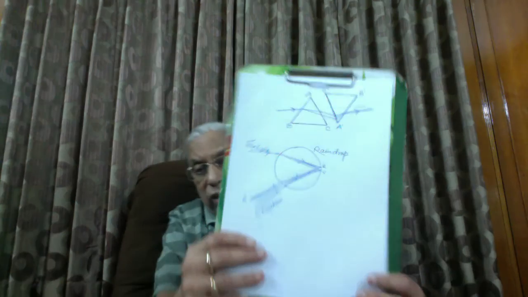That's a very important thing. If a ray of light is incident at an angle more than the critical angle, all the rays will be totally internally reflected. That means it undergoes total internal reflection of light, as you see here.